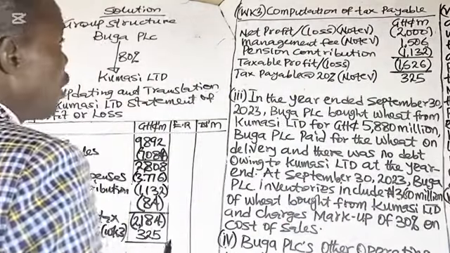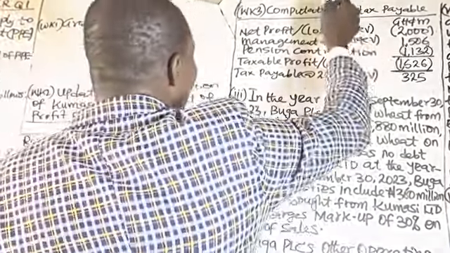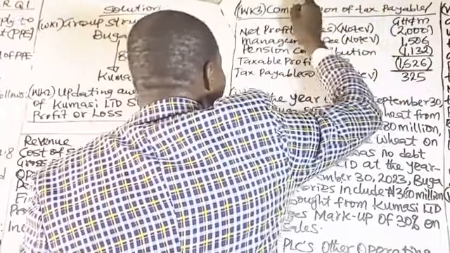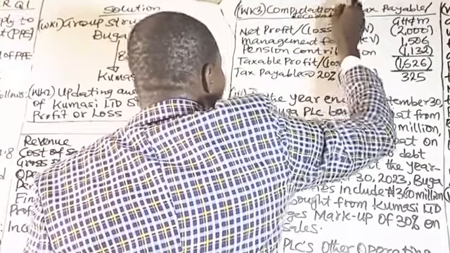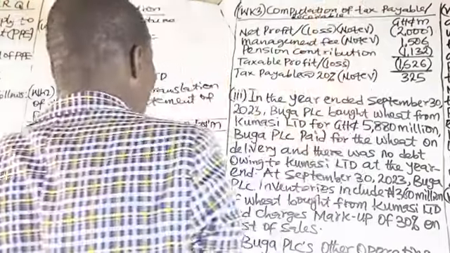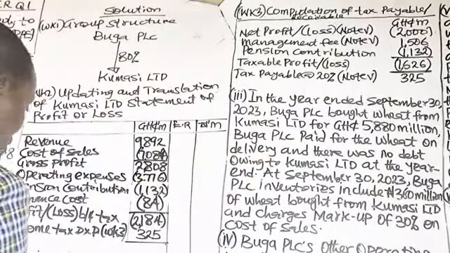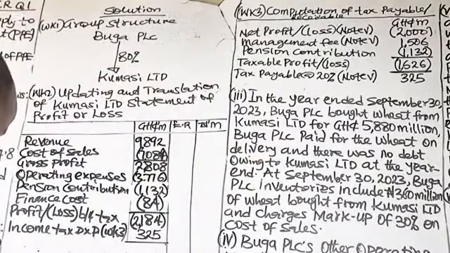So computation of tax payable or receivable. This is receivable. So the result obtained is tax receivable. So minus 2184 plus 325.